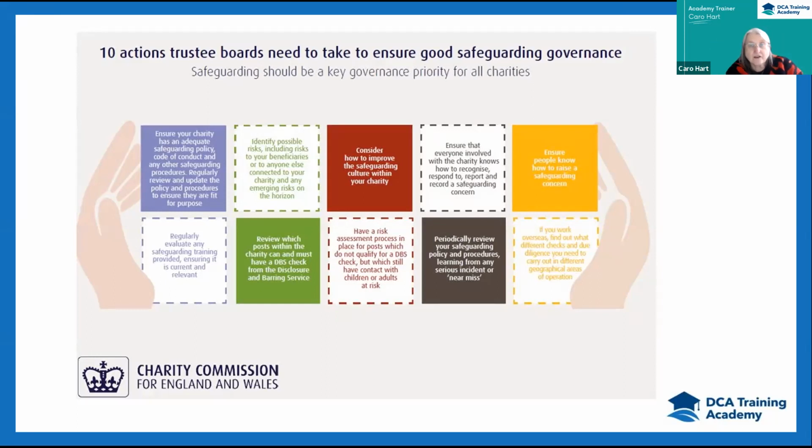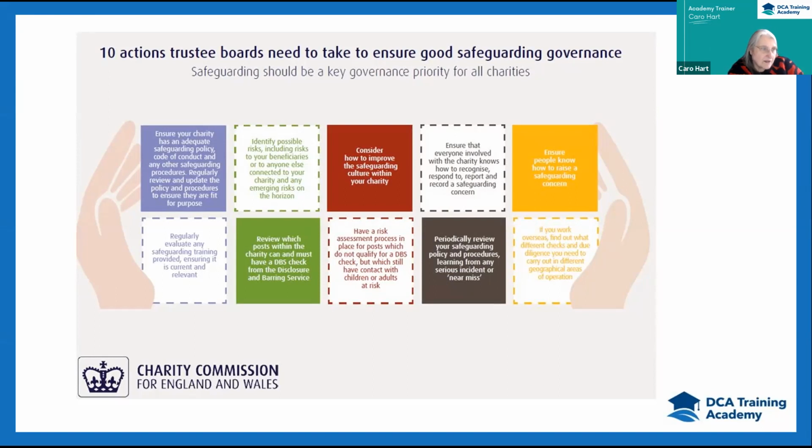In this case, safeguarding, but if it was a, oh, my brain's dried up. If it was a potential health and safety problem, if they saw that somebody was wearing flip-flops on a walk, does everybody know what they need to do? And who they need to tell, how to raise that or even escalate that. If somebody saw an inappropriate relationship developing, would they know how to raise that concern properly?